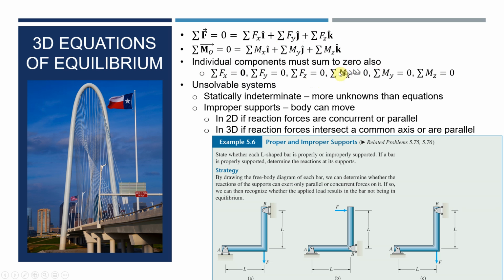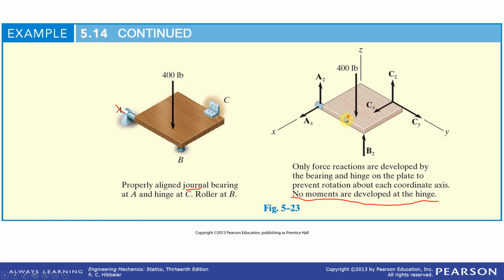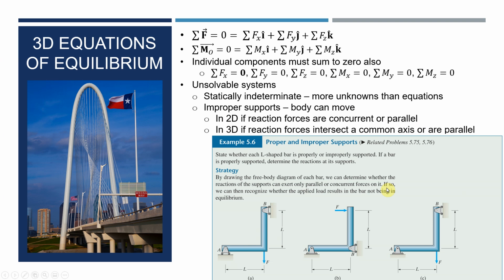Sum of the moments also has to equal 0, which is what gives us our 6 equations. Unsolvable systems. We already talked about what static indeterminacy is. There are more unknowns than equations. And you'll notice this statement here prevents static indeterminacy when the problem is stated.